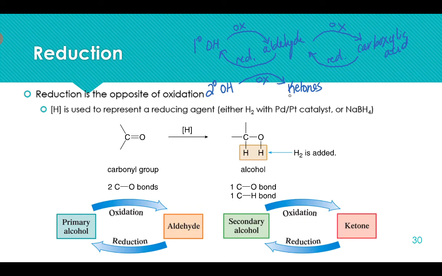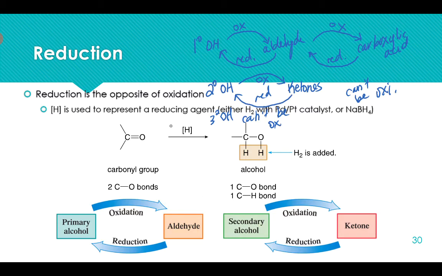So our ketones cannot be oxidized. And then our tertiary alcohols can't be oxidized. So ketones can't be oxidized. And neither can tertiary alcohols because there's no H that can be removed.